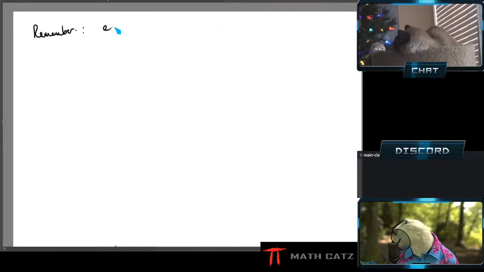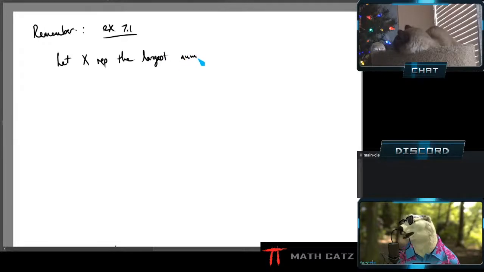So let's remember exercise 7.1. I have my random variable. Actually, do I care about a random variable? I guess I do. Let X represent the largest number from two dice rolls.